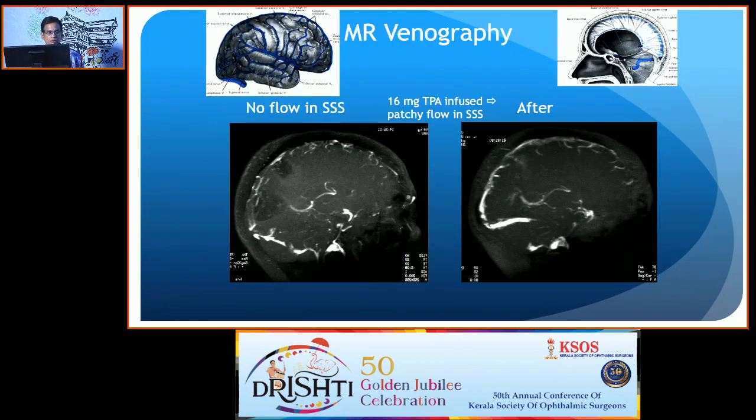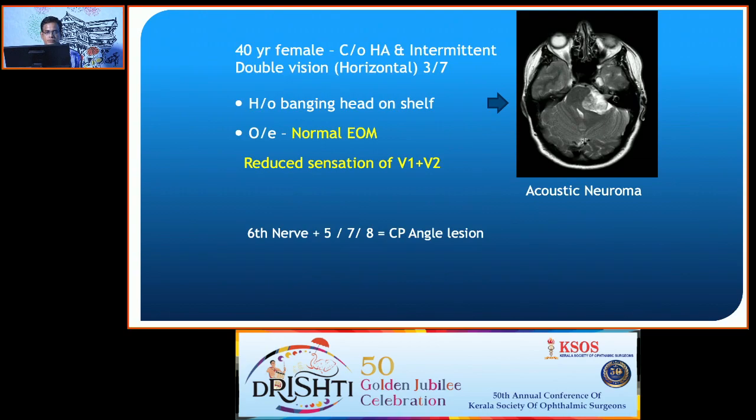And the MR venography showed thrombosis of the superior sagittal sinus. This can only be picked up with MR venography. And she had anticoagulant treatment, and that led to resolution of her symptoms.